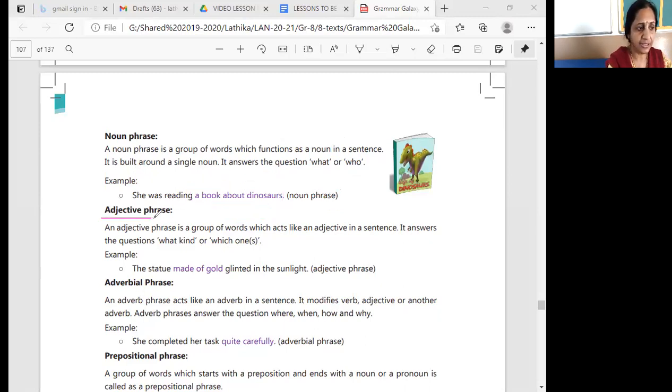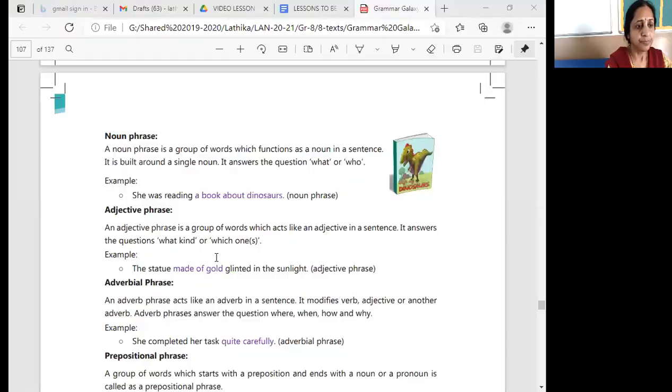Then we have the adjective phrase. An adjective phrase is a group of words which acts like an adjective in a sentence. The questions that an adjective answers, like I already told you, are what kind or which one.